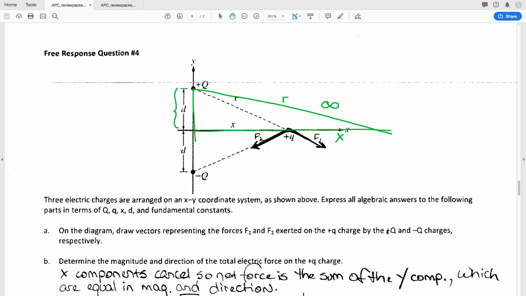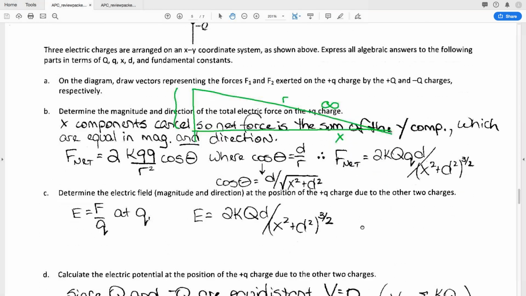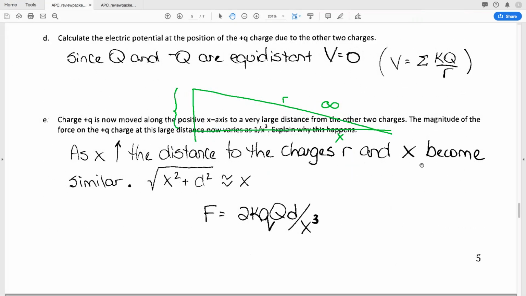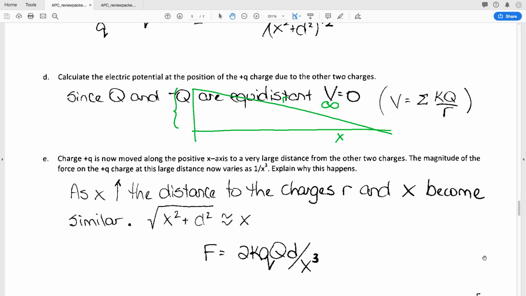They'll never be precisely the same value, but they do approach an equivalent value, and therefore x squared plus d squared, all under the square root sign, is approximately equal to x. I'm trying to evaluate that here. Hold on.